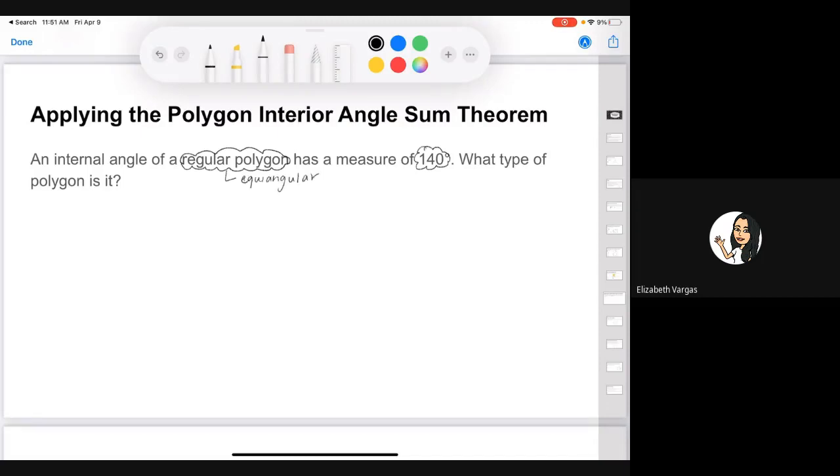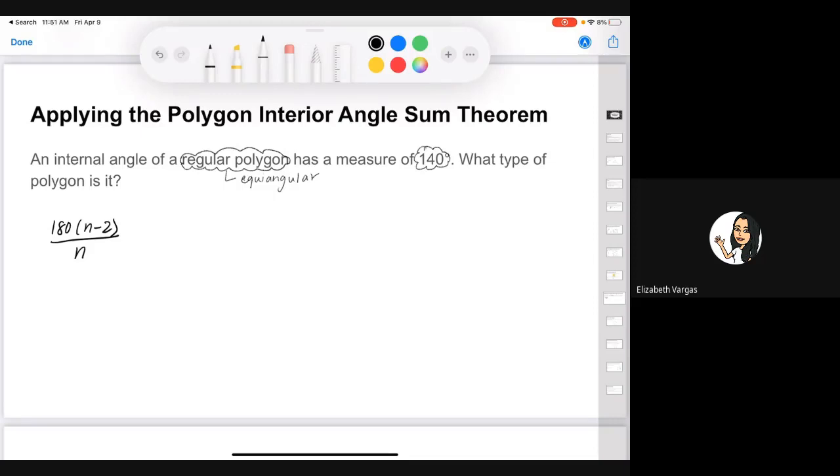Well, based on that, how can I determine what type of polygon I have? Well, you can. And the way you do that is you use this equation right here: 180 times n minus 2 over n. This will allow you to work backwards to solve for the number of sides of this regular polygon.